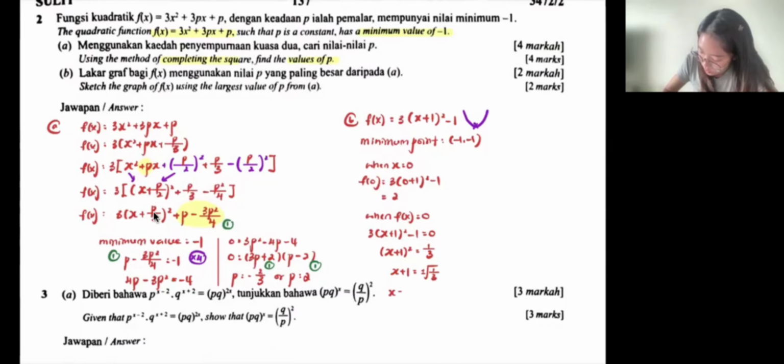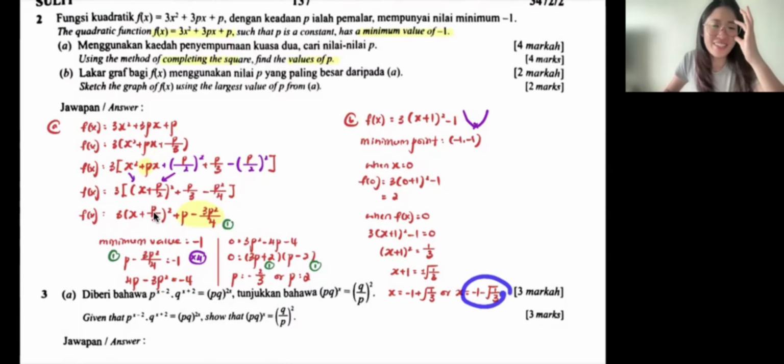Then x will be -1 plus square root 1 over 3 and -1 minus square root 1 over 3. Which one is smaller? You can just type it in the calculator, and then you see what decimal it gives you.